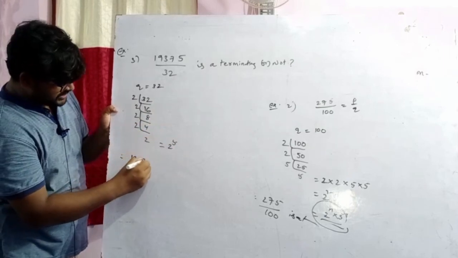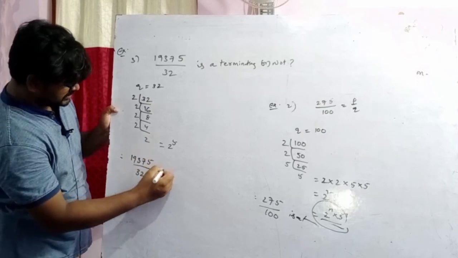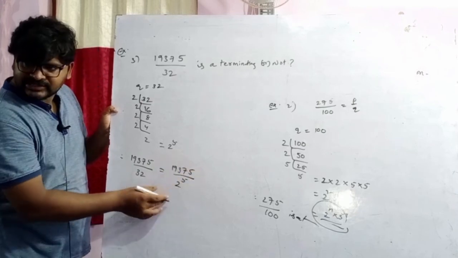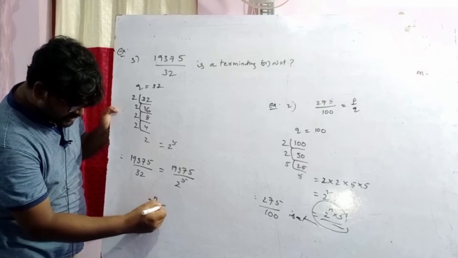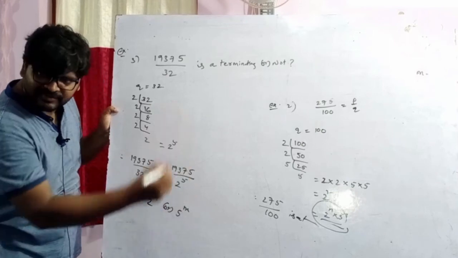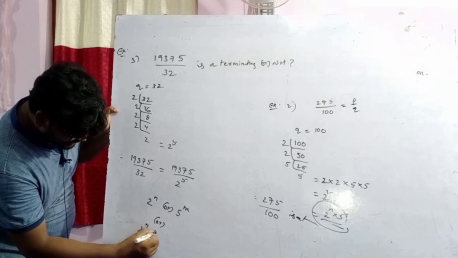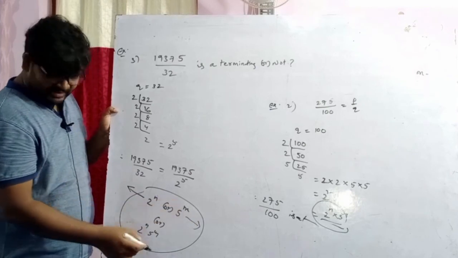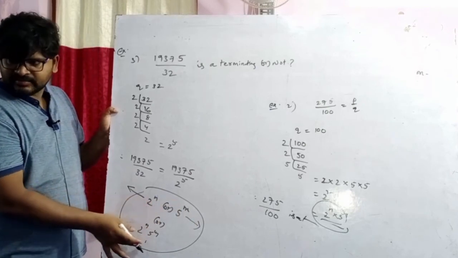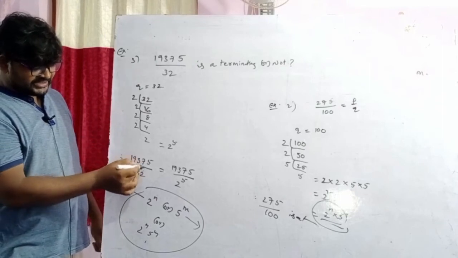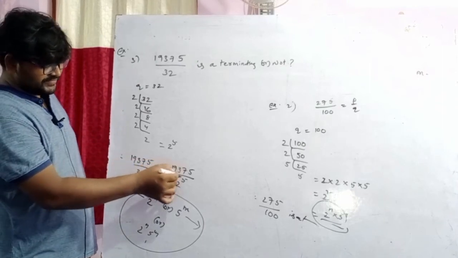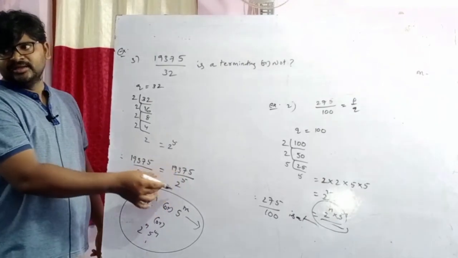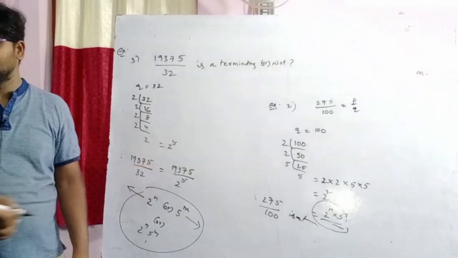Therefore 19,375 by 32 equals 19,375 by 2 power 5. This is of the form 2 power n, so it terminates. That's why the given rational number is terminating.